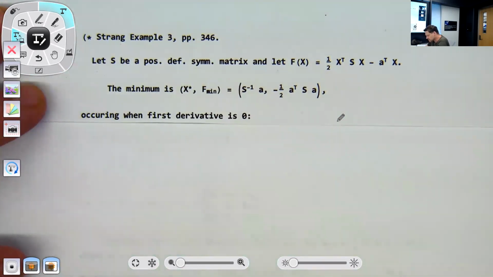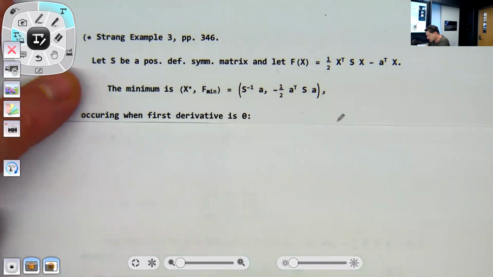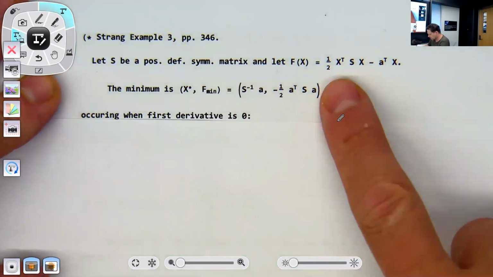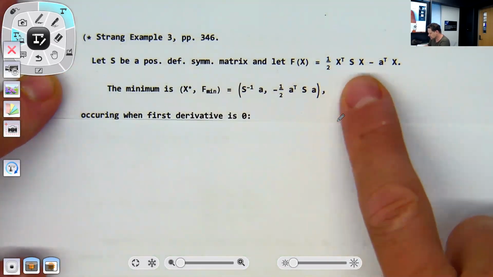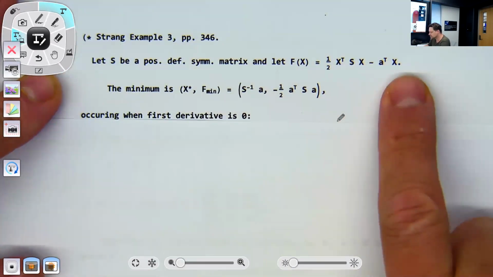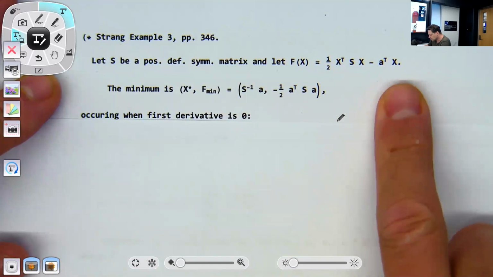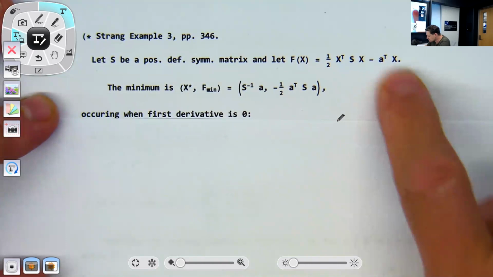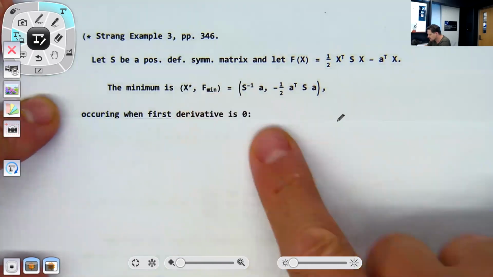So it basically says, let S be a positive definite symmetric matrix, and let f of x be given by 1/2 x transpose S x minus a transpose x. Okay, so the claim here is that the minimum is at x star, and f minimum is equal to this.